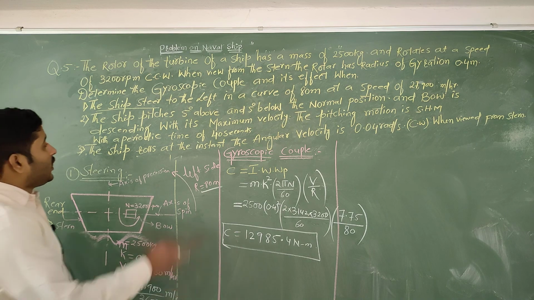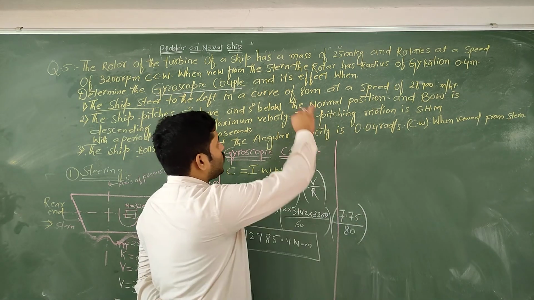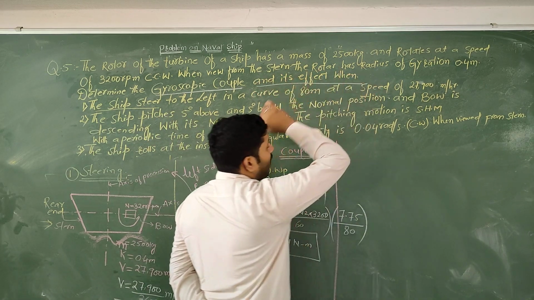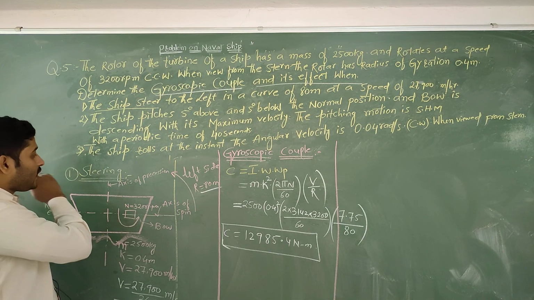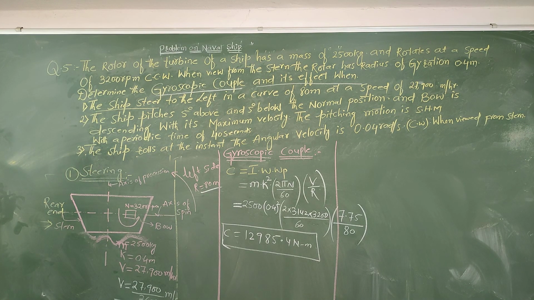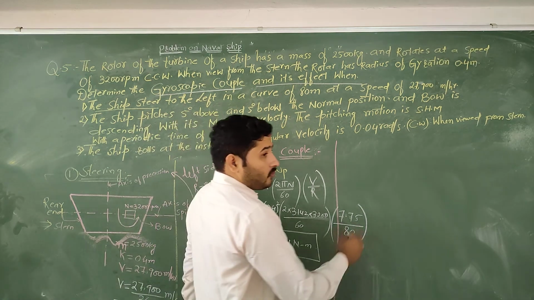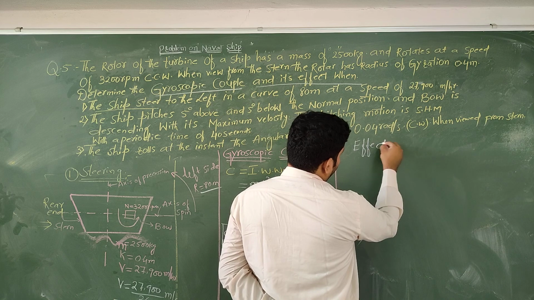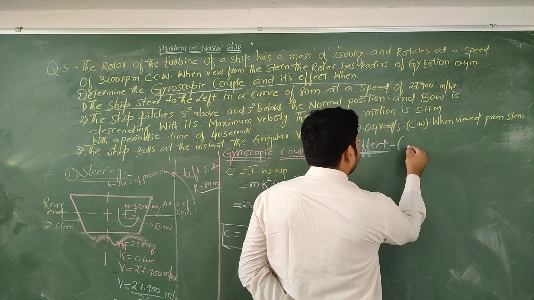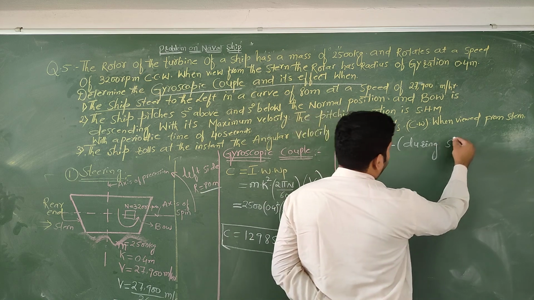The question says you need to determine the gyroscopic couple, as well as find the effect on the ship during steering. So we need to find out its effect during steering.